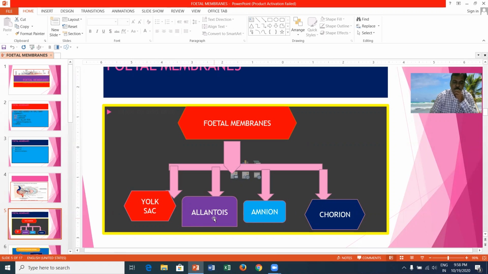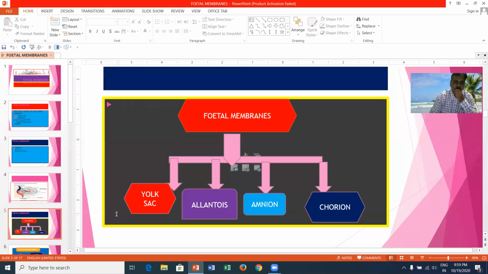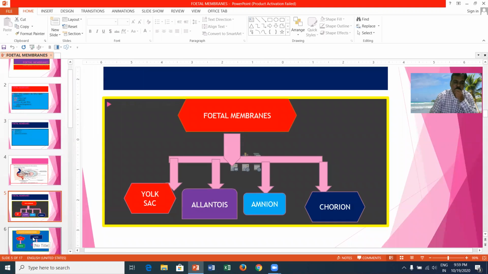Allantois acts as the functional excretory system. Amnion acts as an artificial swimming pool to the growing baby, and it gives protection against desiccation. Chorion gives protection as well as respiration. These are the functions of the fetal membranes.